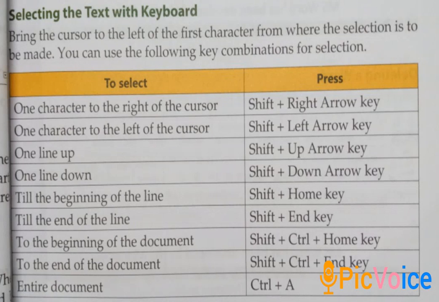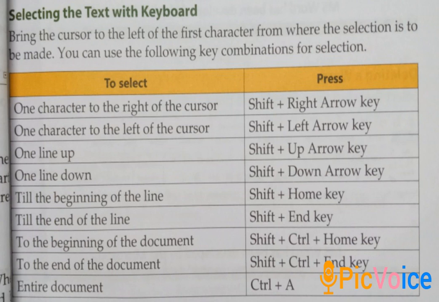Selecting the text with keyboard. Bring the cursor to the left of the first character from where the selection is to be made. You can use the following key combinations for selection. To select one character to the right of the cursor, Shift plus right arrow key.